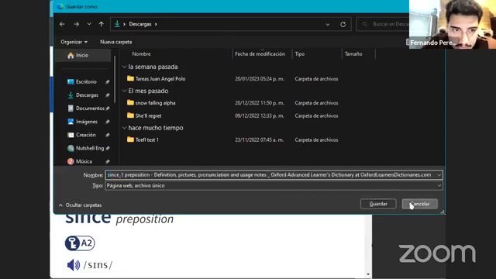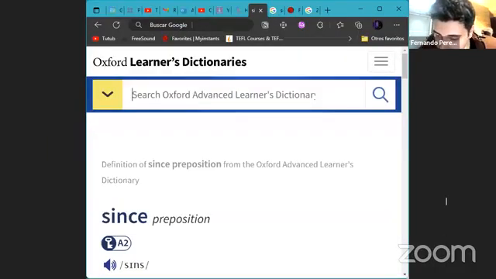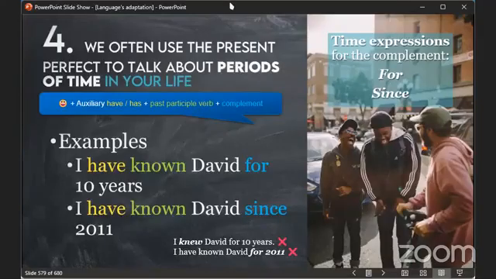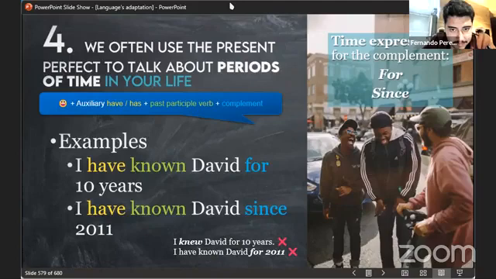My computer. Well, anyway, driven. The pronunciation is driven. Okay, driven. Sorry, my computer is having problems.